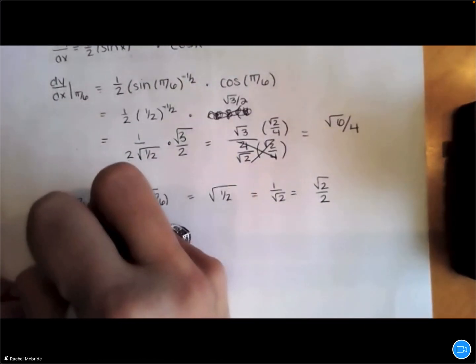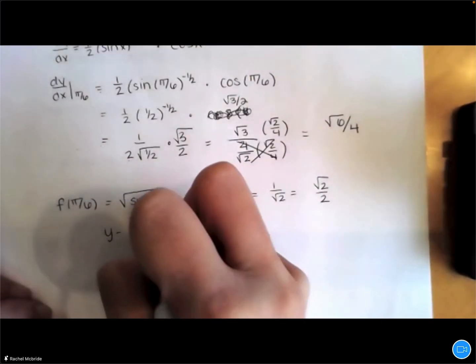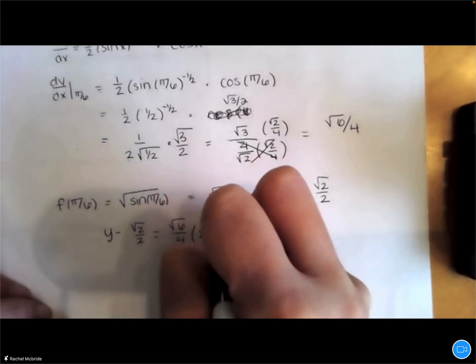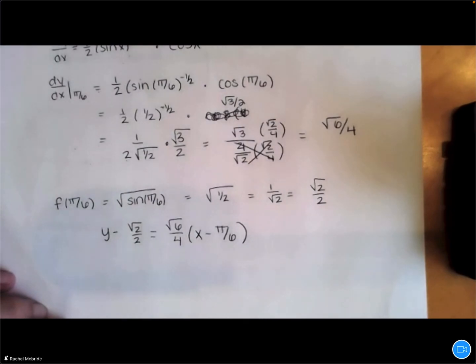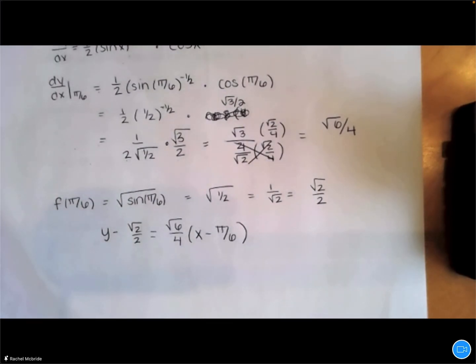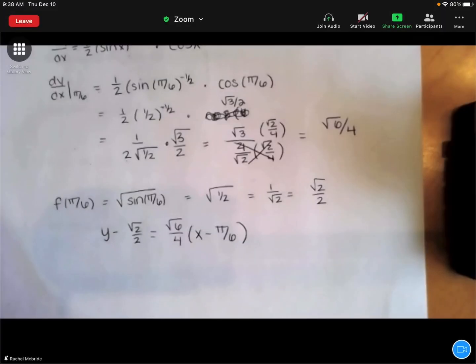Thus giving me y minus the square root of 2 over 2 equals the square root of 6 over 4 times x minus pi over 6.